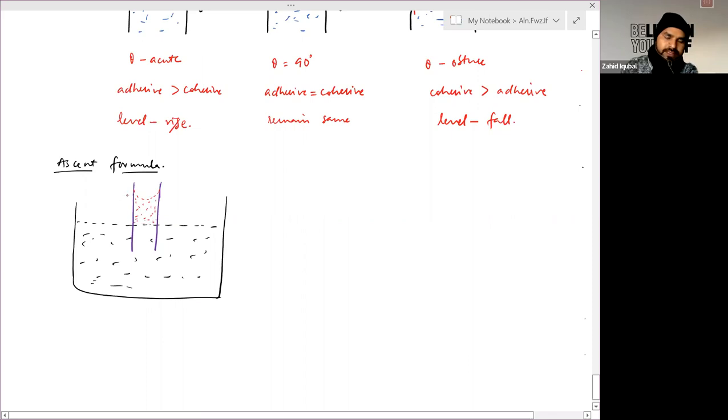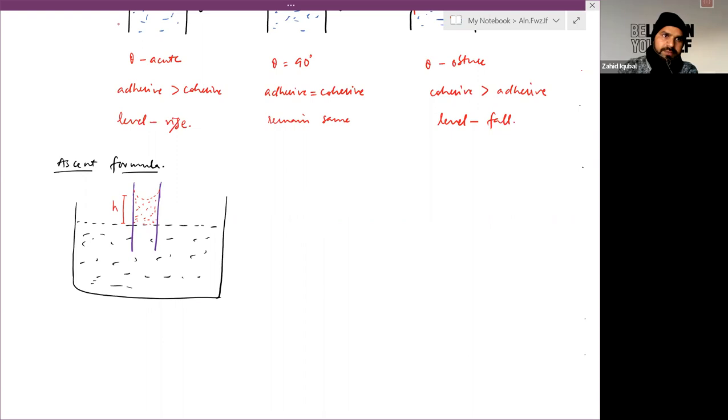So we have to calculate how much level of liquid is raised up in this particular capillary tube, let's say h. So we have to calculate the value of h, which is also known as Basin formula.